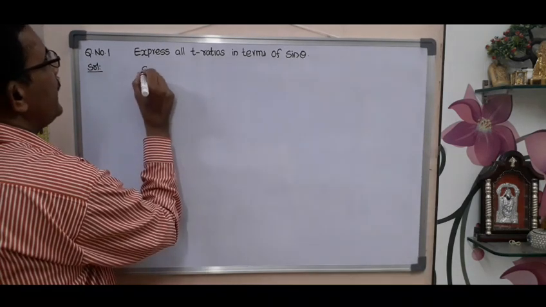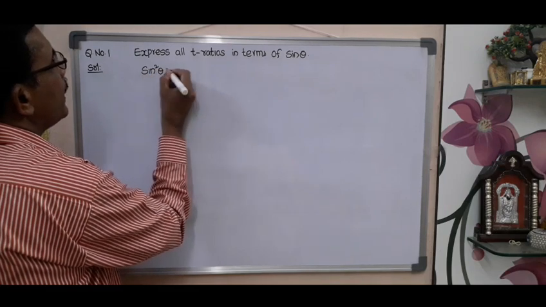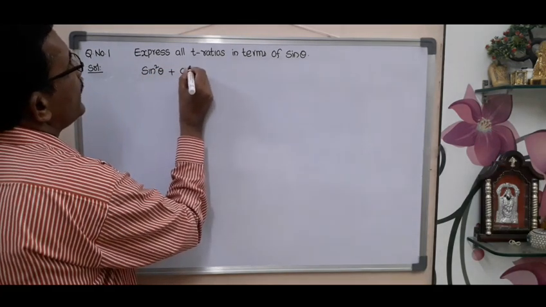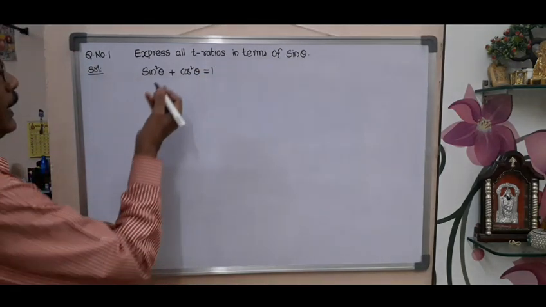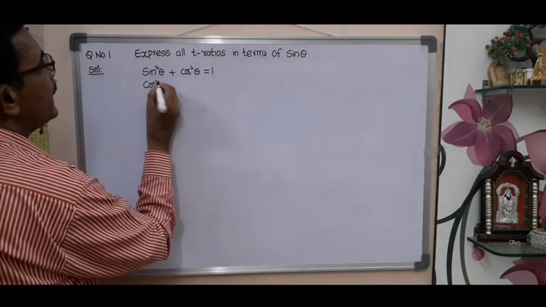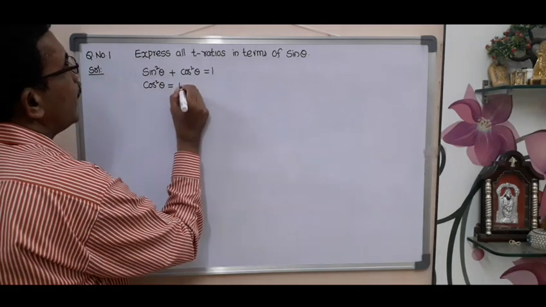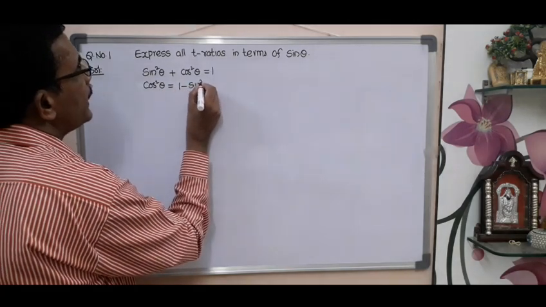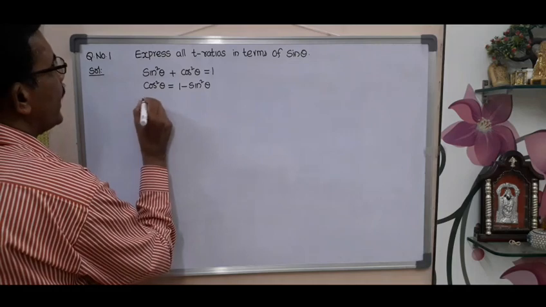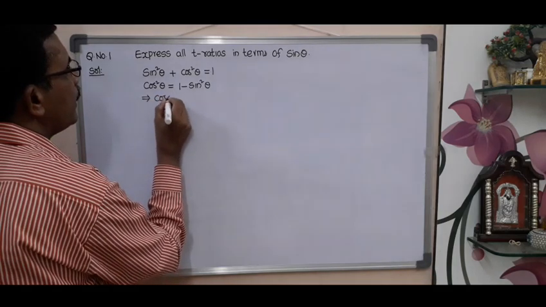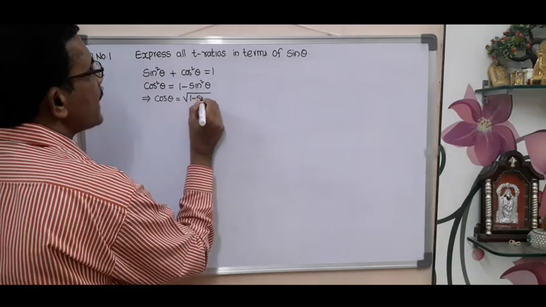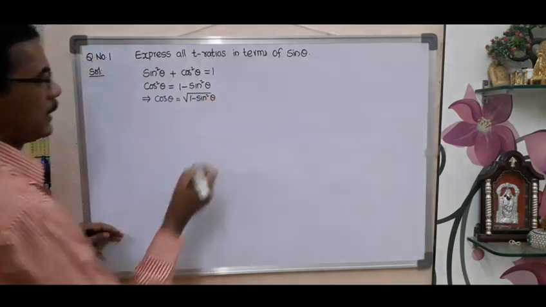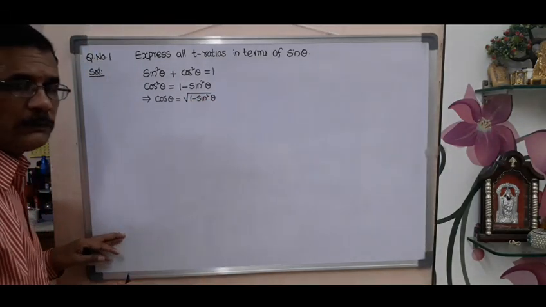We know the first identity, sin square theta plus cos square theta is equal to 1. Now from this, cos square theta can be written as 1 minus sin square theta, implies cos theta is equal to under root 1 minus sin square theta. We expressed the cos theta in terms of sin.